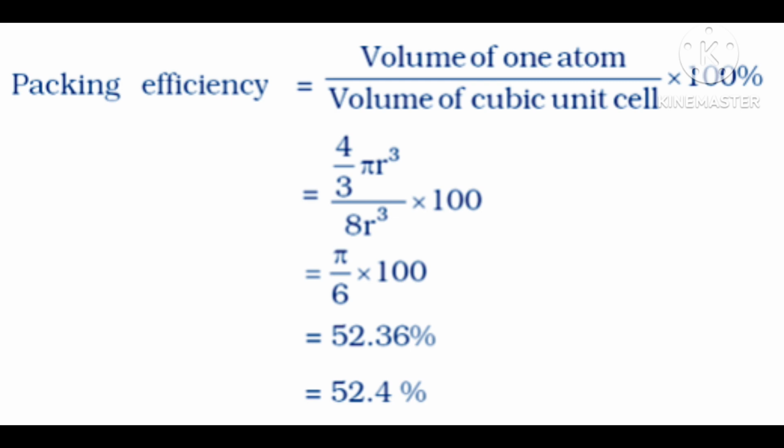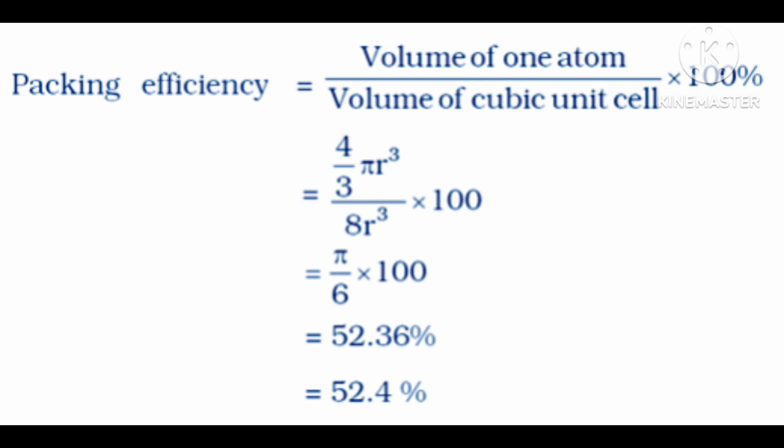Z you know, because this is a CCP lattice. Since the lattice is CCP, cubic close packing, the number of silver atoms per unit cell is 4. CCP and FCC are almost the same. So here Z is equal to 4.